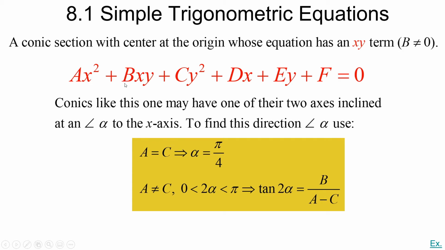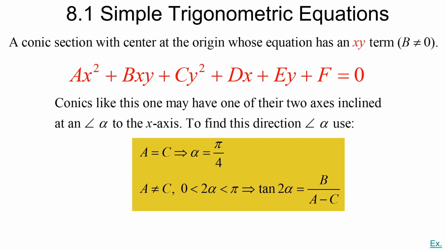If there is not an xy term, if this b right here is 0, that means all of your conic sections are going to have a major axis and a minor axis that are always perpendicular to each other, and one will be horizontal and one will be vertical, which makes for some really pretty parabolas and hyperbolas and ellipses and even circles.